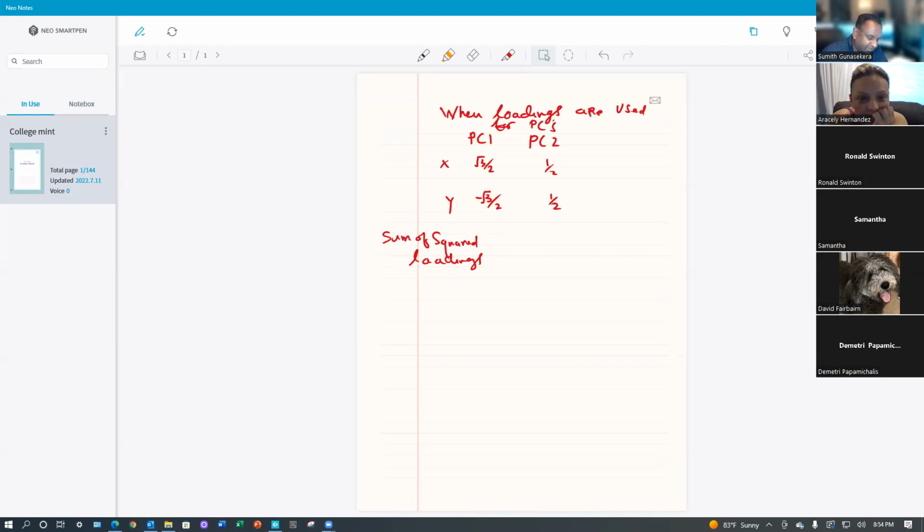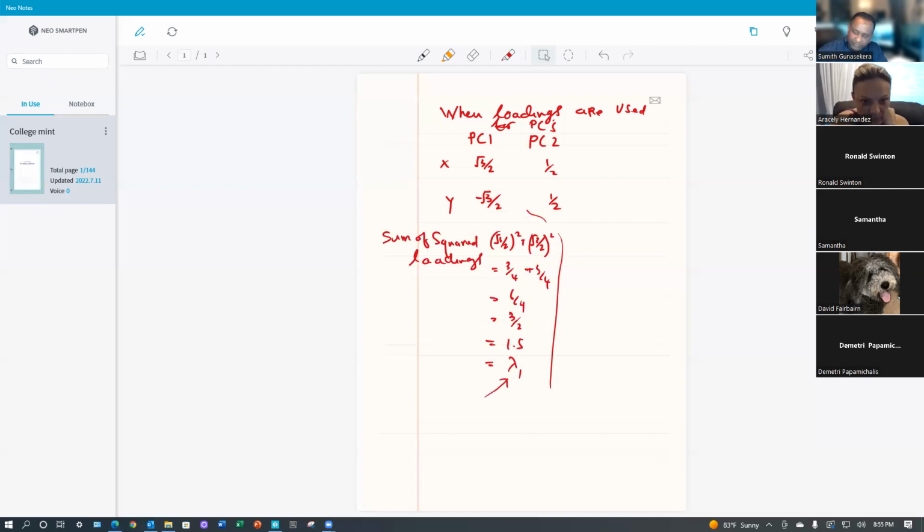Root 3 over 2 squared plus negative root 3 over 2 squared gives 3 over 4 plus 3 over 4, which is 6 over 4, so 3 over 2, which is 1.5. This is nothing but the eigenvalue. It should come to the eigenvalue if you use the loadings. In a similar fashion, you can do the same thing here.